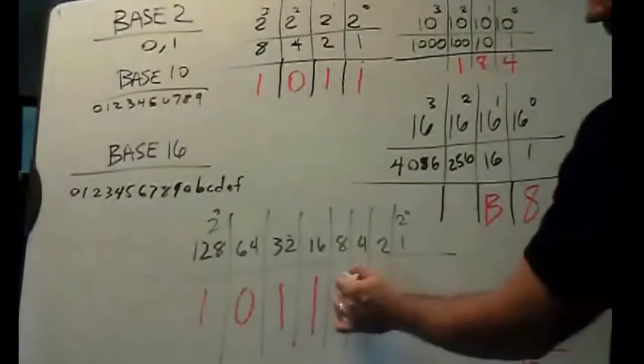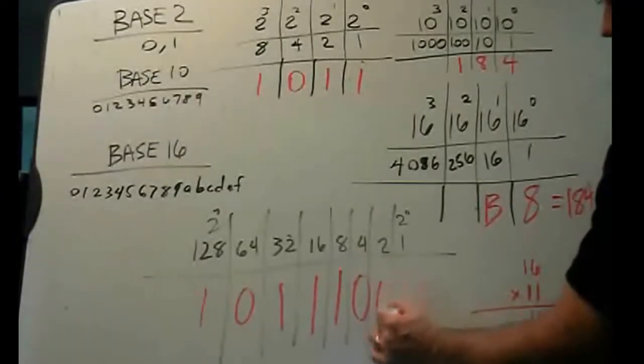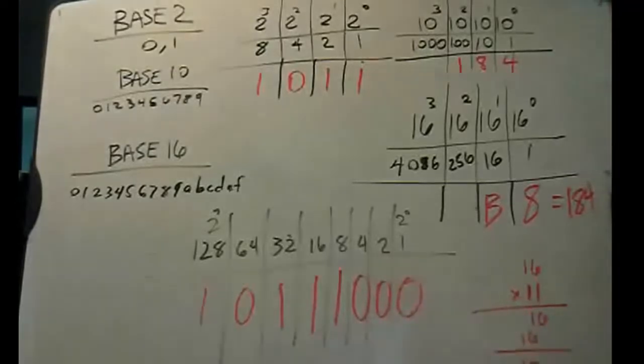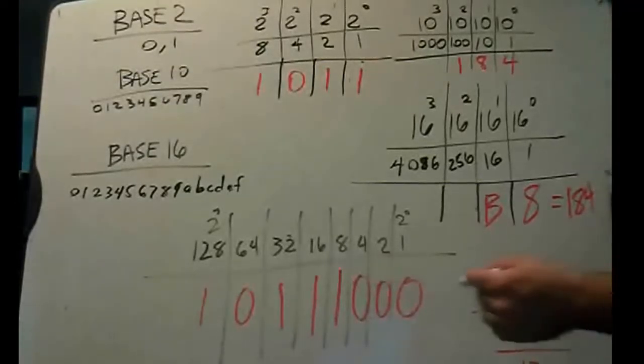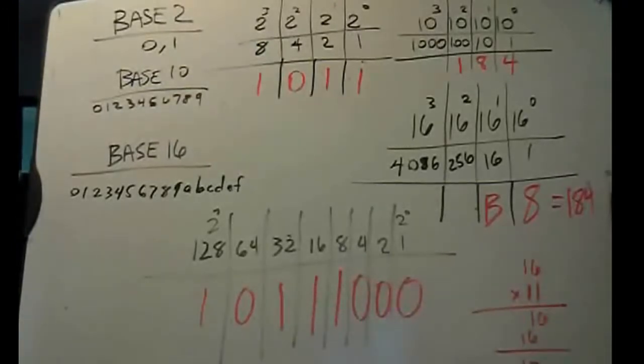How many 8s? 1. That's 184. So the rest are going to be 0. So 10111000 is 184 in binary. And so now we've written 184 in 3 different counting systems.